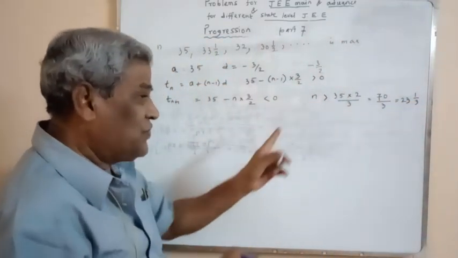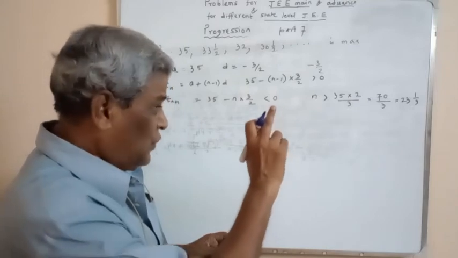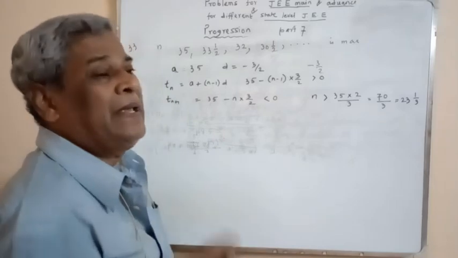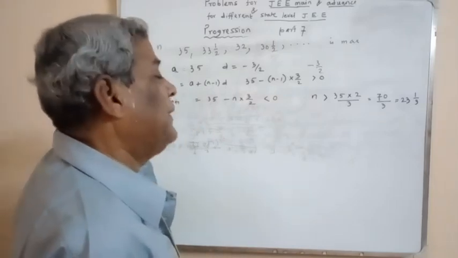When n is just greater than 23 and 1 by 3, then Tn will be negative.